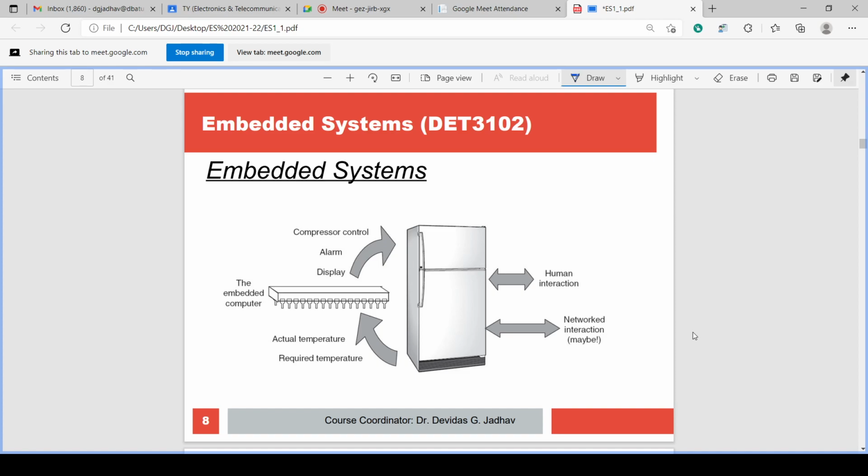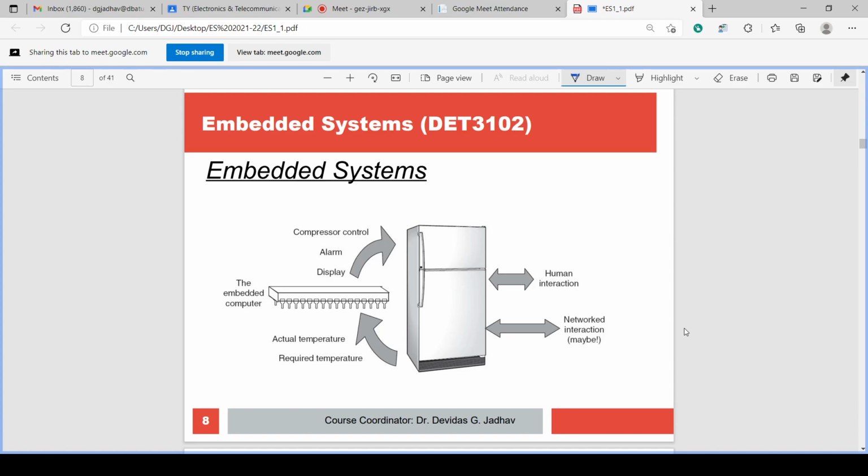The embedded computer is used to control the compressor, for alarming, for displaying the temperature, for sensing the actual temperature, and for storing the required temperature which is given manually or over the network. Human interaction is possible, and network interaction may be possible if it is provided.